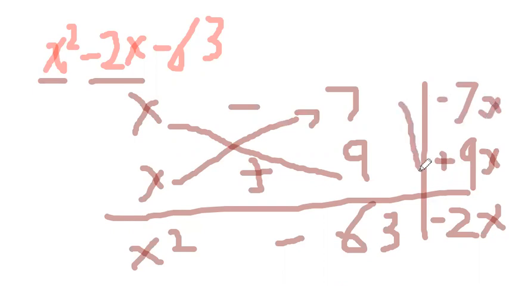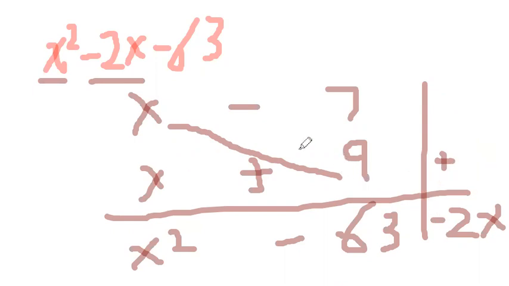Now the sum of minus 7x plus 9x is plus 2x, not minus 2x. So to make it correct, obviously, this should be plus and this should be minus. That will make things correct.